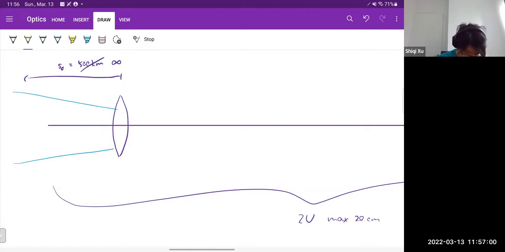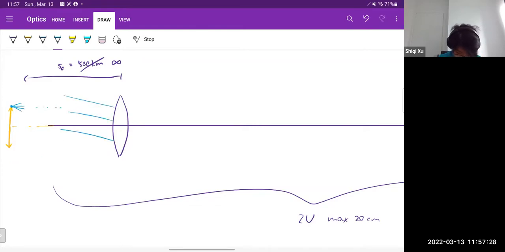Let's say that at infinity we have this object that looks like this with respect to the axis, this tall. What it means is that light from each point, like let's say light coming from here, pretend this is infinitely away, is going to be parallel. I can't draw this very well. But essentially, like this. And then given an infinite distance away, this light is going to be coming in like that.